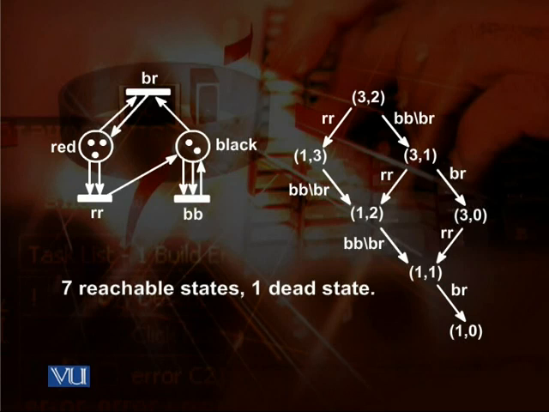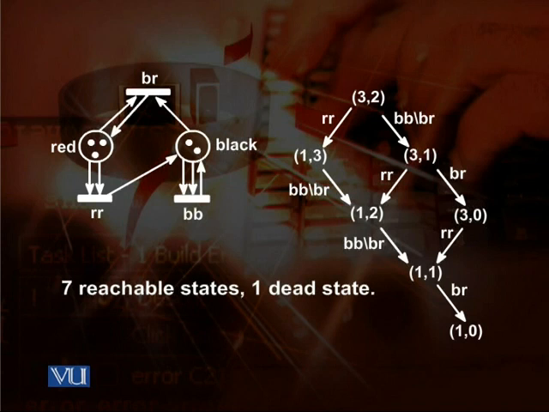If we fired BB from the initial marking, this BB transition takes 2 tokens from the black place and deposits 1 token back into the black place. That means after this transition BB, we will have 3 tokens in the red place and 1 token in the black place.